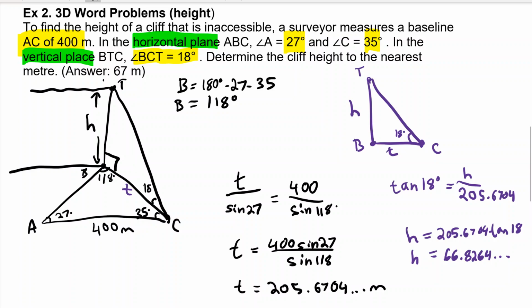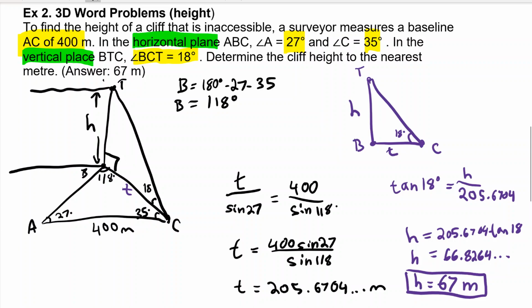My answer is rounded to no decimal places. It's rounded to the nearest meter. So 66.8 rounded to the nearest meter is 67 meters.